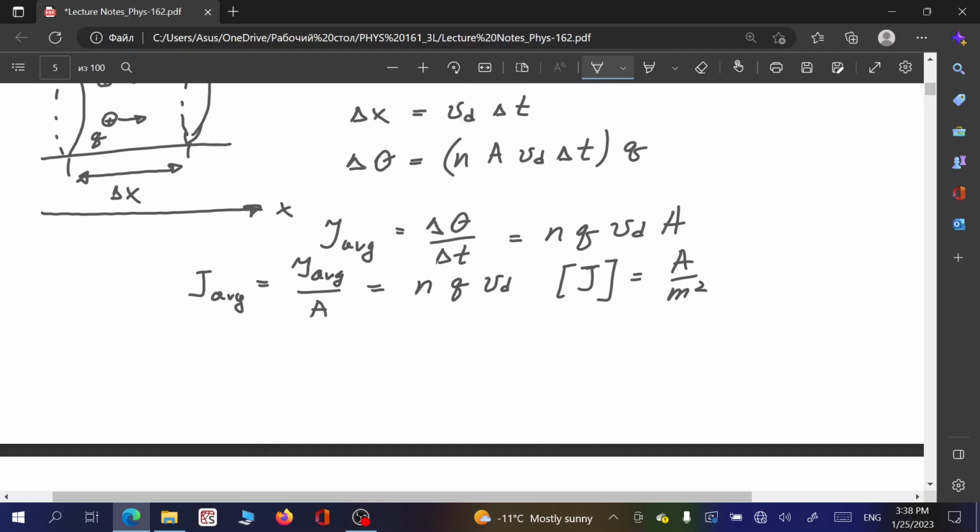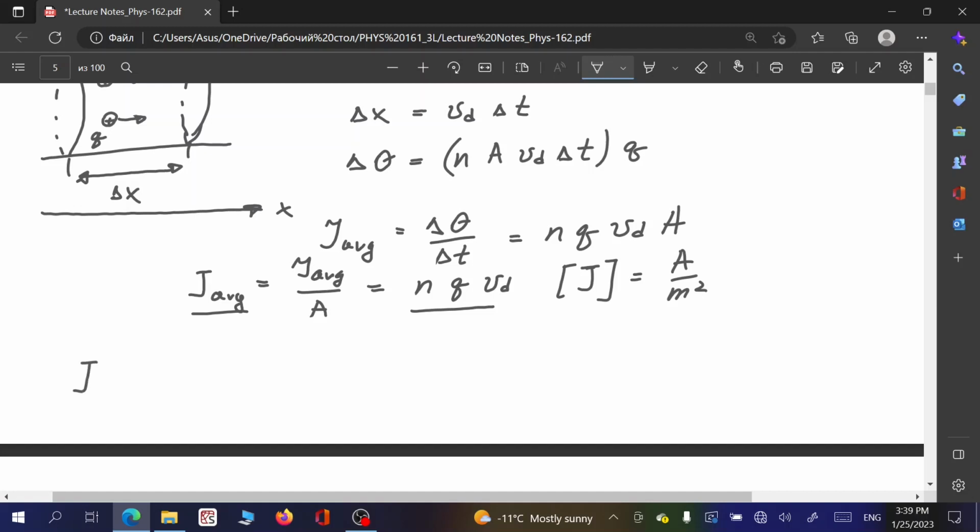So now let us introduce Ohm's law. First, we introduce it in the differential form. We have this expression for current density in terms of charge carrier concentration, magnitude of electric charge, and drift velocity. However, we can express it in a different form, which is quite commonly used because it's a more practical form.